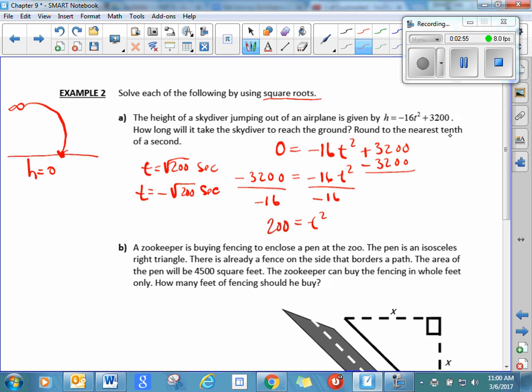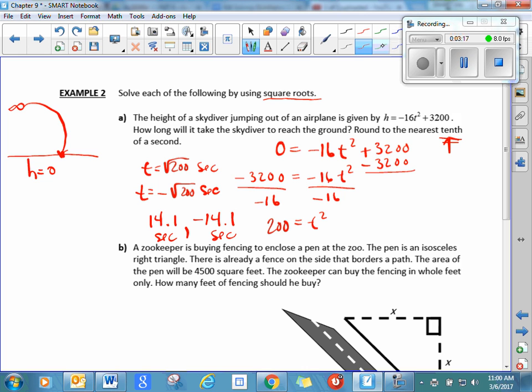And this is in tenths of a second. So if you go on your calculator, you get the square root of 200 is 14.1, rounded to the nearest tenth of a second. And the negative value would be negative 14.1 seconds.